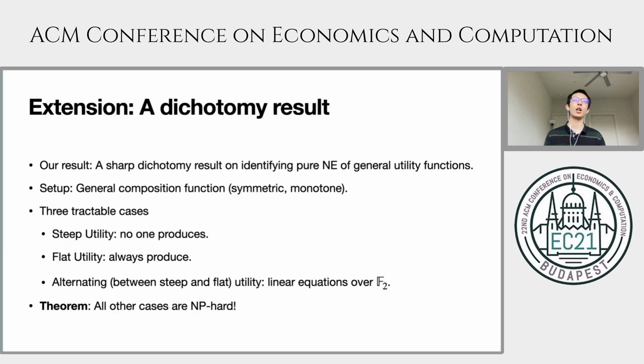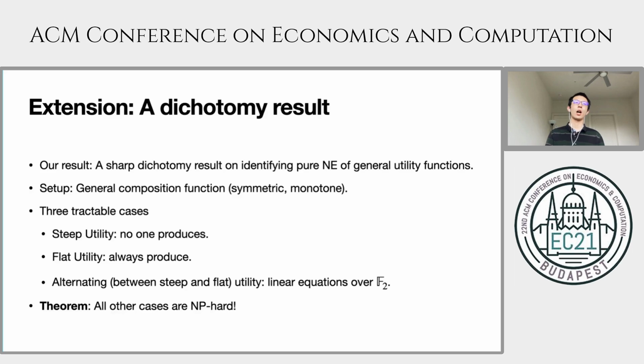First, we call the steep utility. In that case, the cost of production is so large that no one produces the good. And in this case, a pure Nash equilibrium exists as no one will produce the good. And there is another trivial case which we call the flat utility. Here, the production is always more beneficial than free ride. So there's also a trivial equilibrium there.